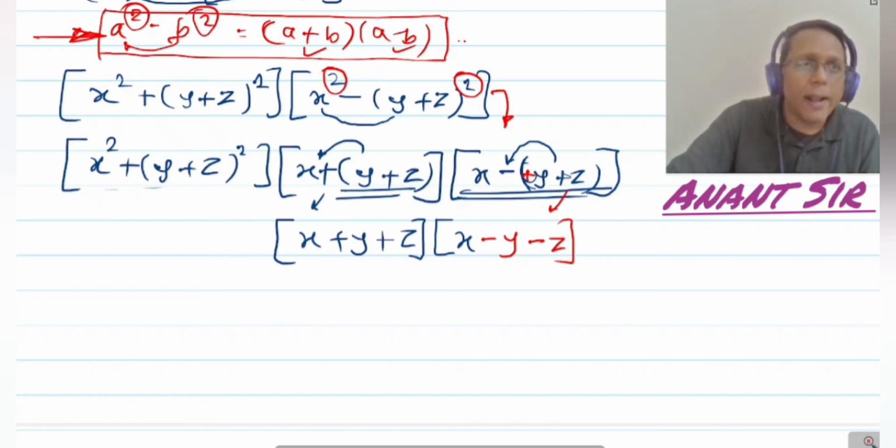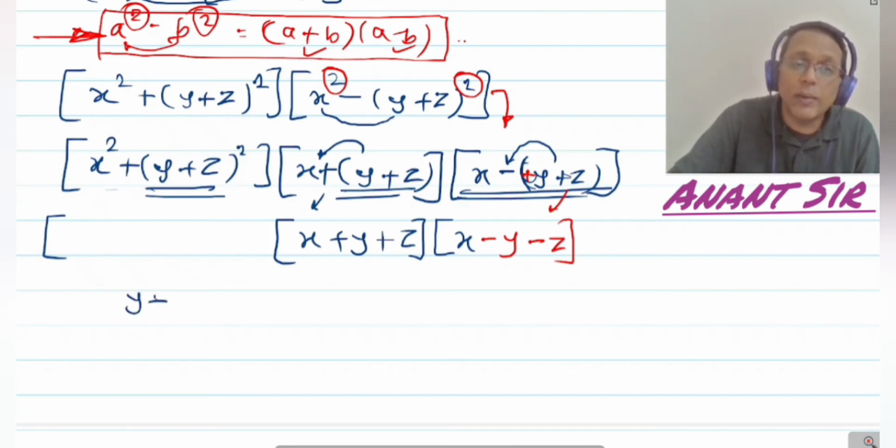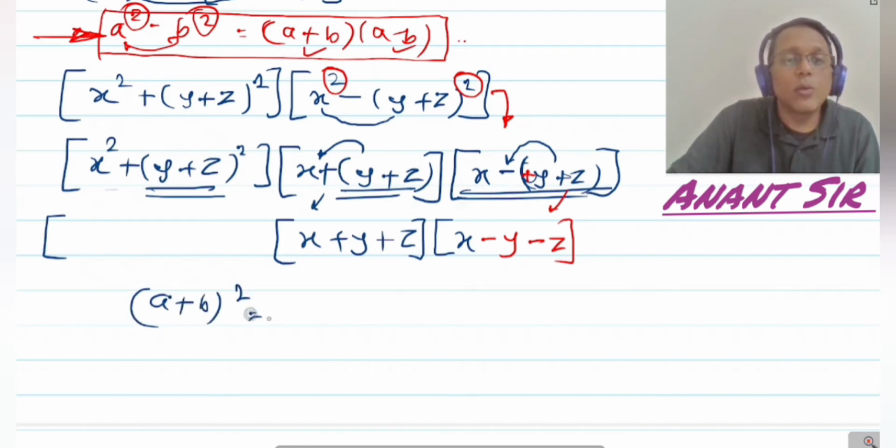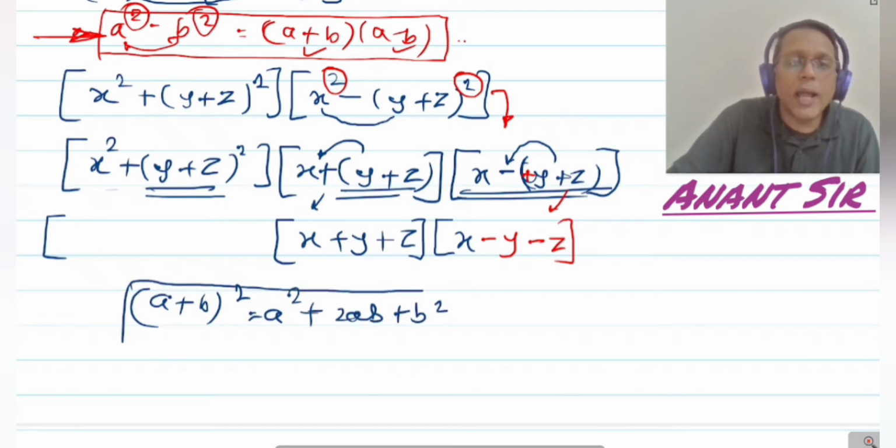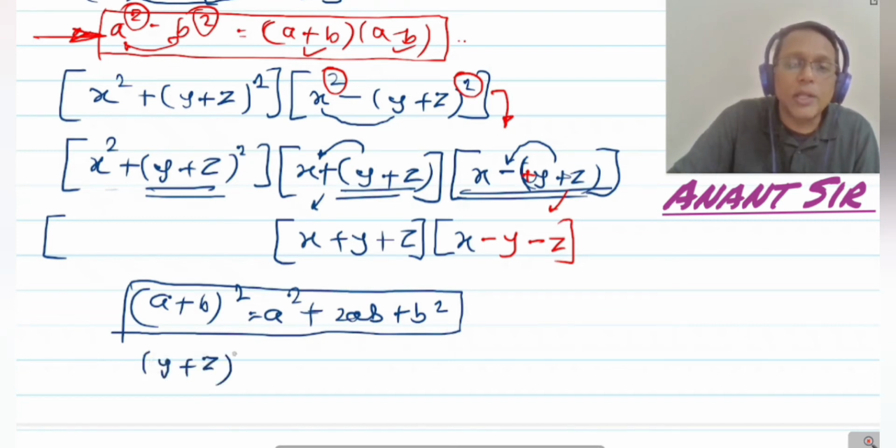Okay, and what you can do, you can just use a formula for this. You can see that there is a square, right? There is a square and there are two terms inside the bracket. So you can use this formula, a square plus 2ab plus b square. Only thing is that in place of a and b, there are y and z there.